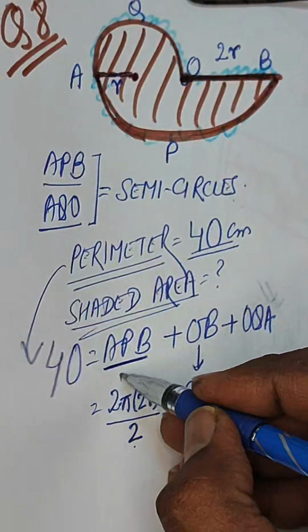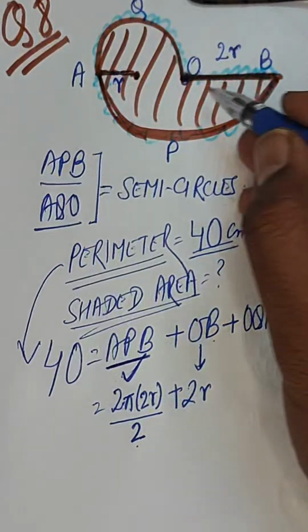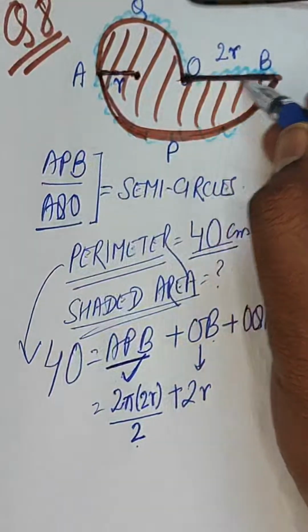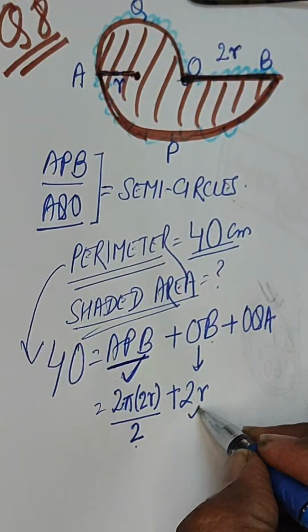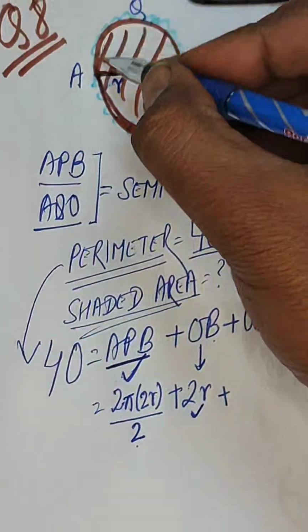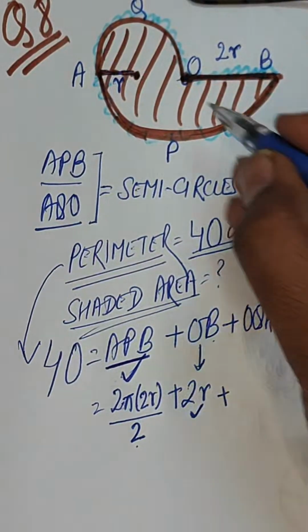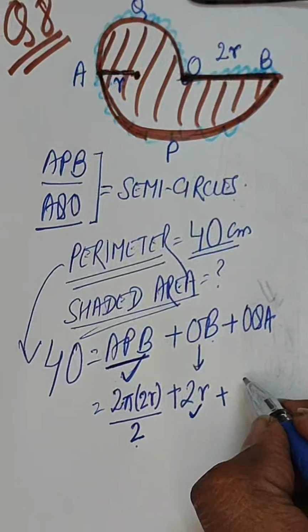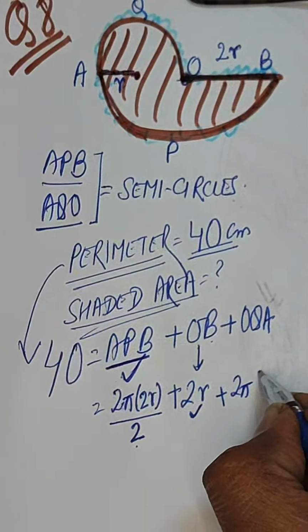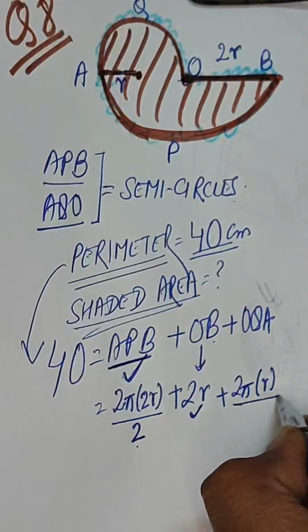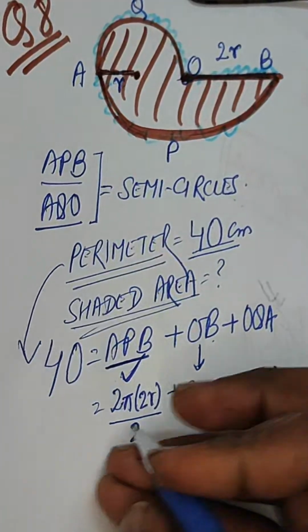So the length of APB is calculated. OB is nothing but the radius of the bigger circle, equal to 2r. And OQA is also a semicircle with a radius of small r, so this will be equal to 2 pi r divided by 2, right? So this is equal to 40.